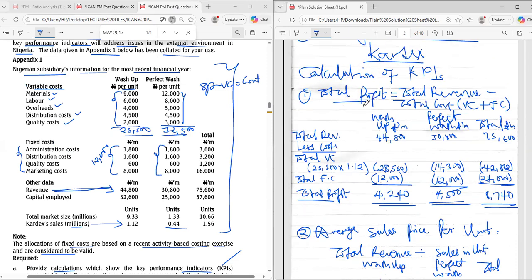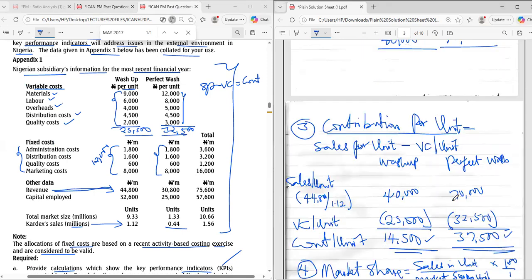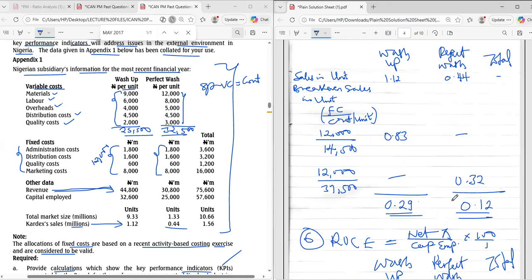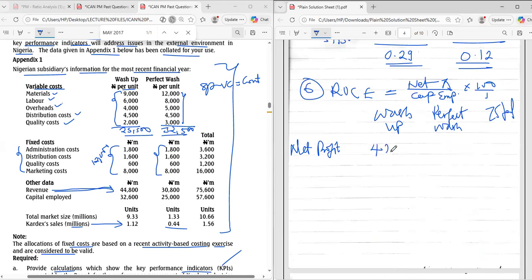No, look at total profit. Okay, we've done net profit. 4240.45, copy it. Okay, so what's the next one? What's capital employed? It's 2600.